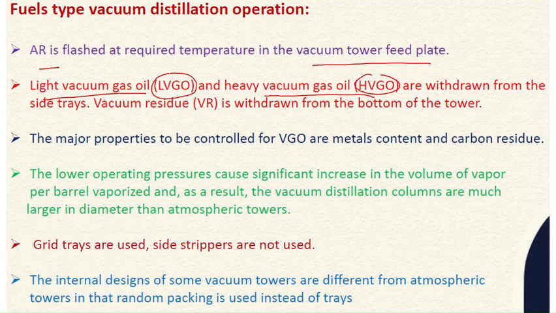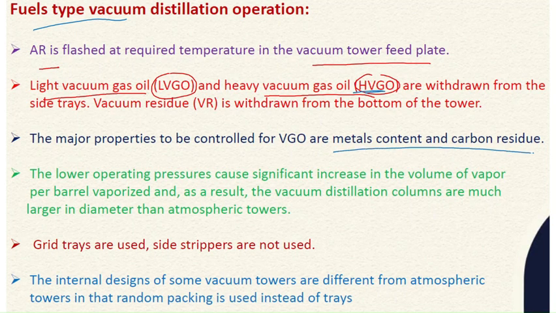Okay, this portion. So if you want a good fuel oil, a good vacuum gas oil, some properties need to be controlled and need to be present in our vacuum gas oil.